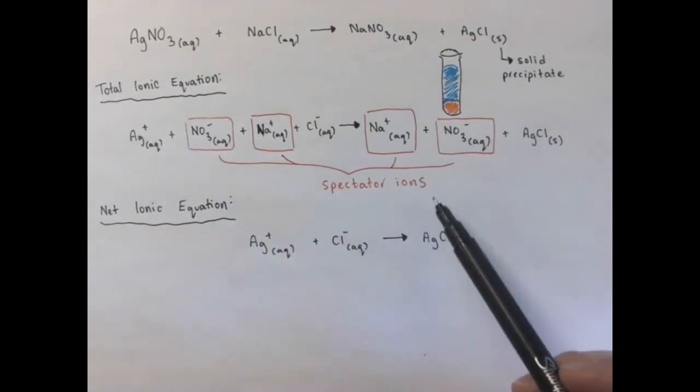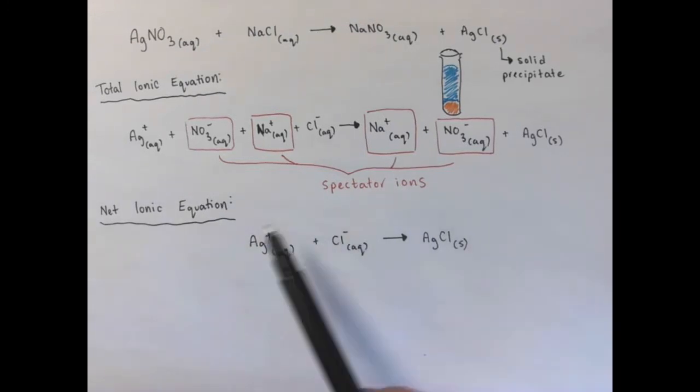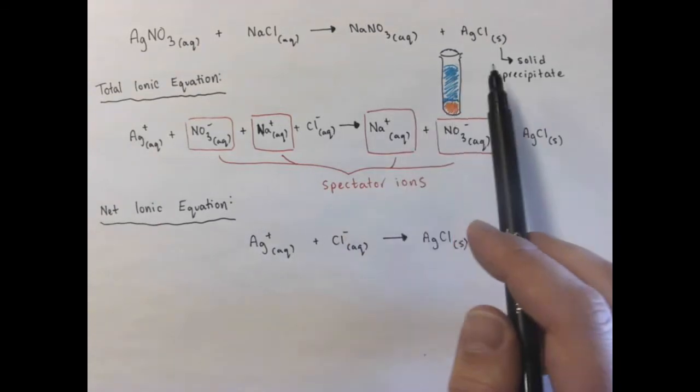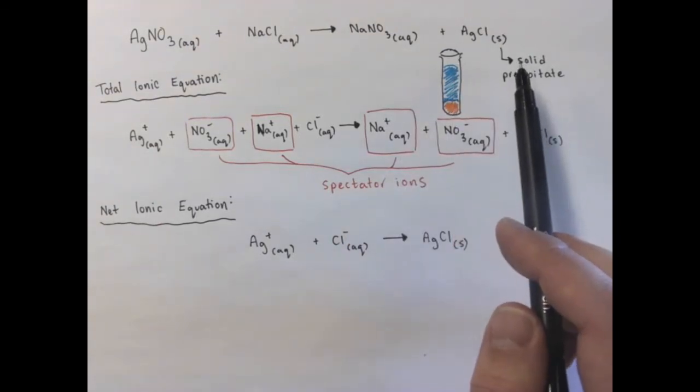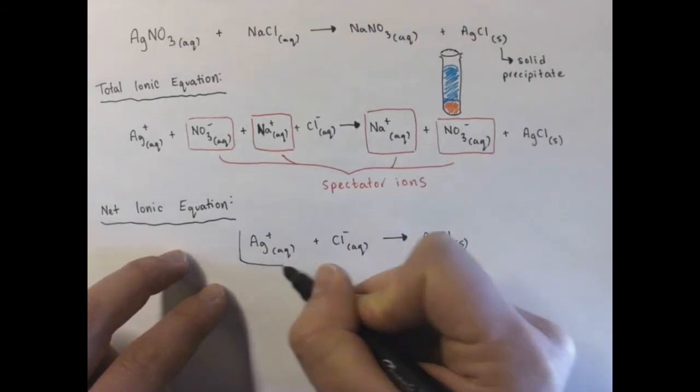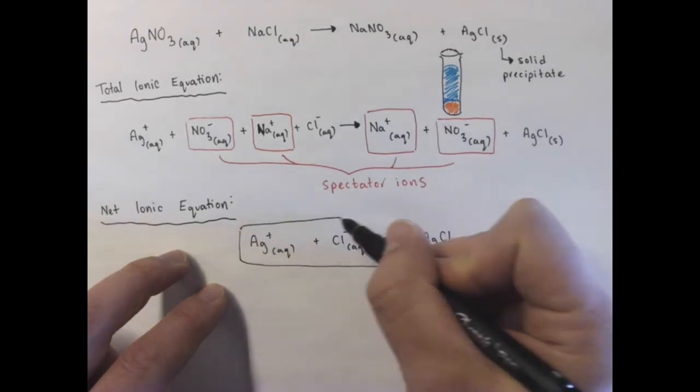By removing the spectator ions, we get to the guts of the reaction. So when I look back at this double displacement reaction, what is really going on? Well, the thing that's really occurring, the precipitation of silver chloride, is this. Okay? The thing that's really going on in the double displacement reaction is this here. Everything else is fluff.